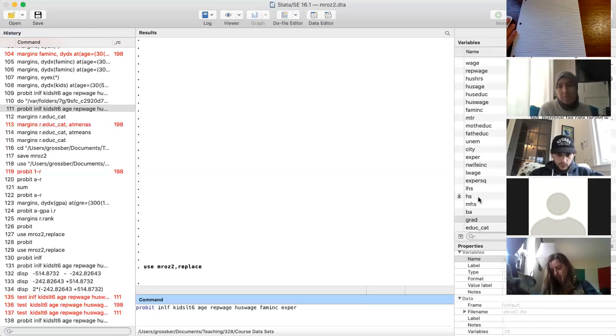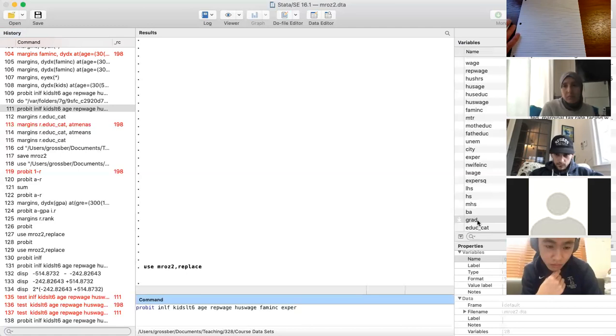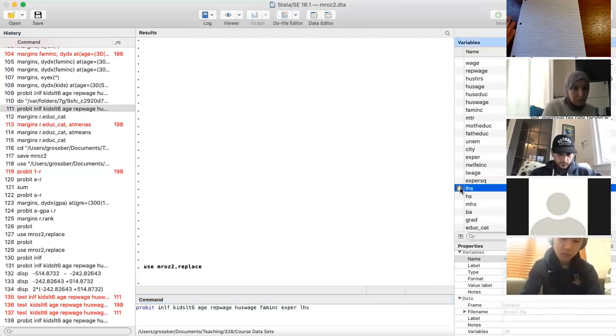These are all educational level variables: less than high school, high school, more than high school, bachelor's degree, and more than a bachelor's degree, some graduate work. I can enter those in my regression just as dummy variables, and I'm going to leave high school out to make that the reference category.